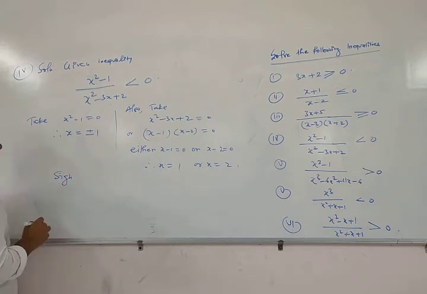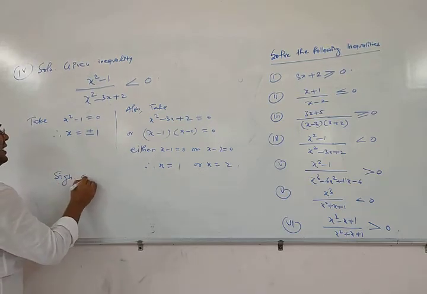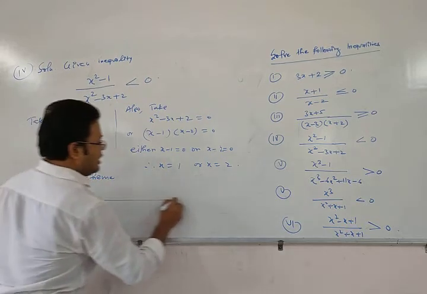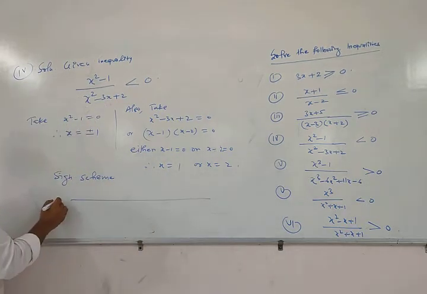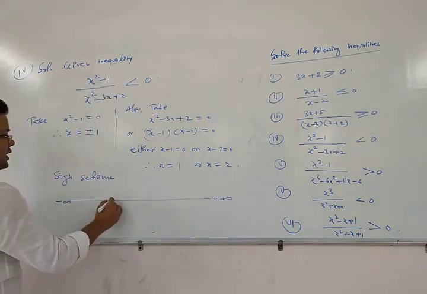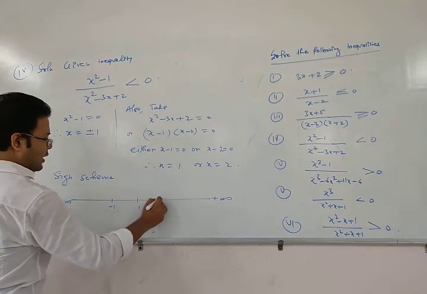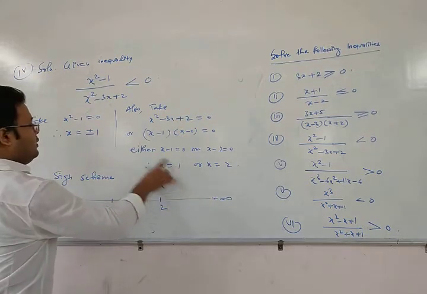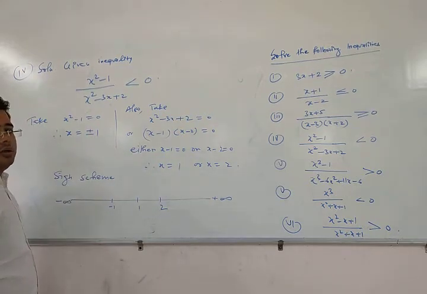Now next step, sign scheme. Write this real number line. This is minus infinity, this is plus infinity. Roots are minus 1, 1 and 2. But we can see here 1 is coming 2 times.